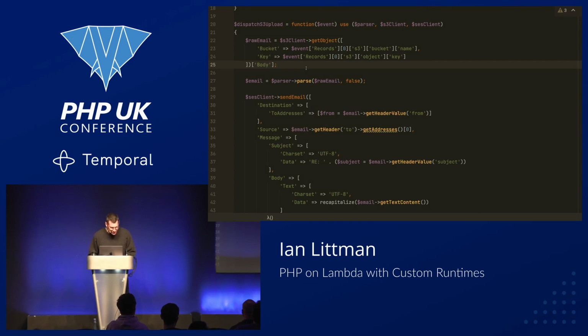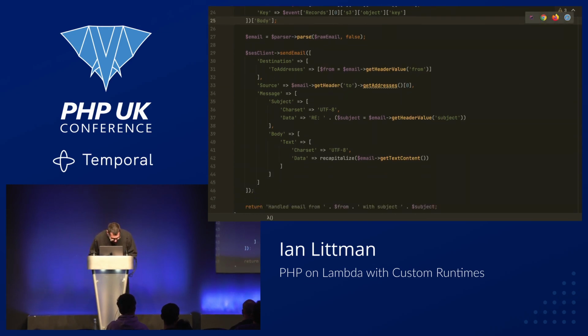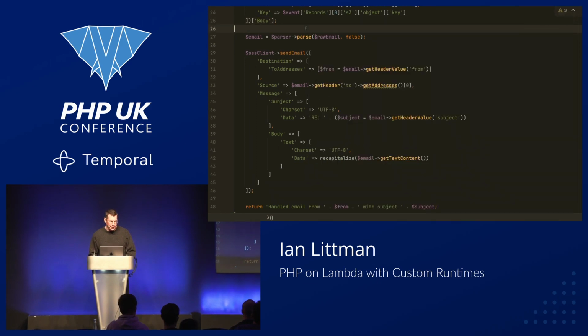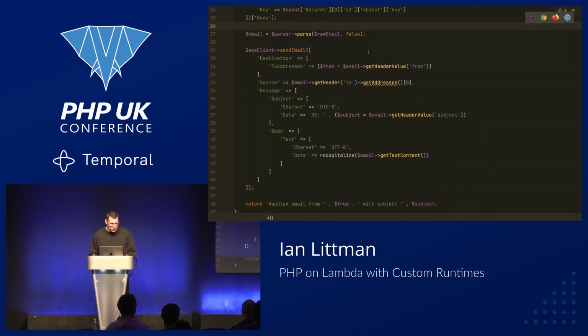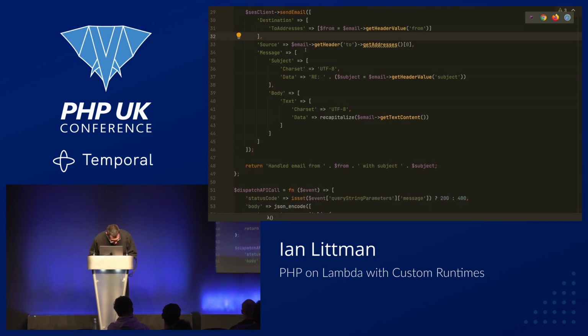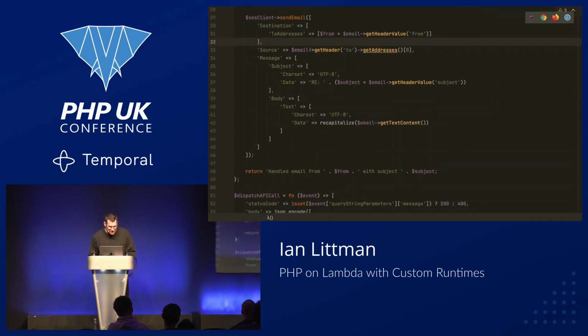It just includes headers. So we grab that. We have Composer installed and included in that zip upload a MIME parser. So we pull the email body out of that, as well as the subject. We tack on a reply to the subject, and we send that back to whoever sent it to us.